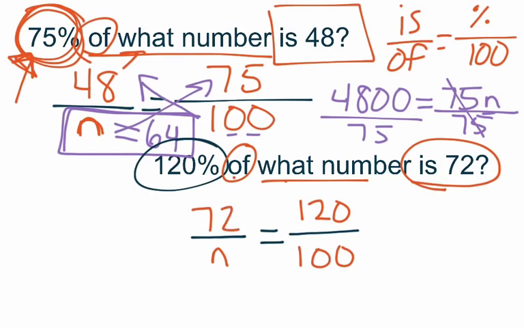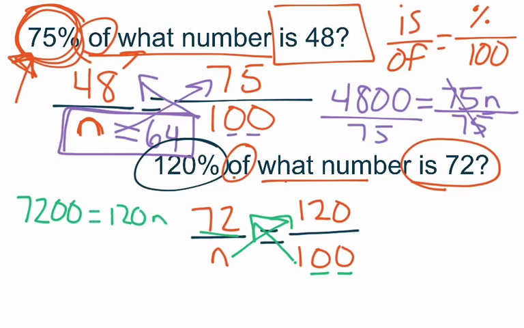That makes 72 my part. Looking at these verticals and horizontals, I won't be able to solve it that way, so I'm going to use my cross products. 100 times 72 is 7,200. Again, using that 1 times 72, including those two zeros. n times 120 is just 120n.